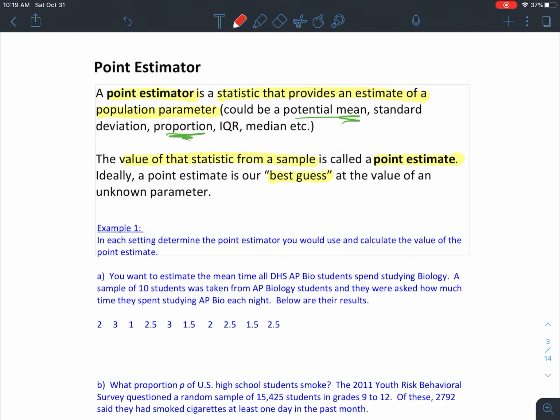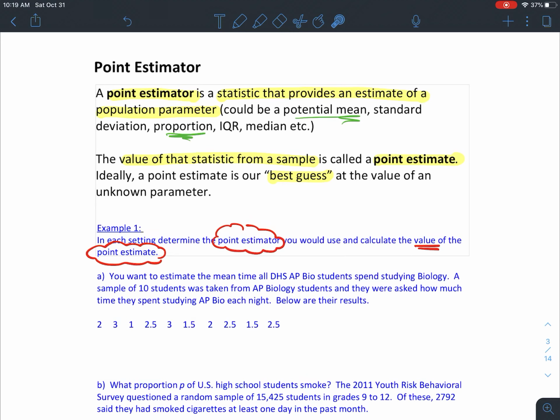So let's look at an example here. In each setting, we are asked to determine what the point estimator is, and then calculate the value of the point estimate. The point estimator is the statistic that we are using, and the point estimate is the value of that statistic.